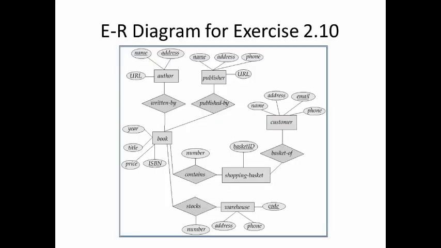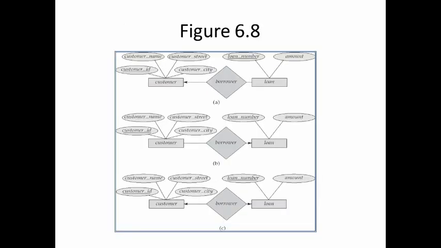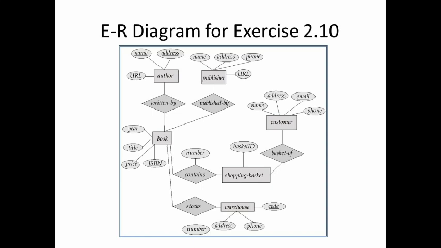Here's another ERD diagram example, I think this is for books, where you're buying books maybe from a bookstore, and we have the book entity there.